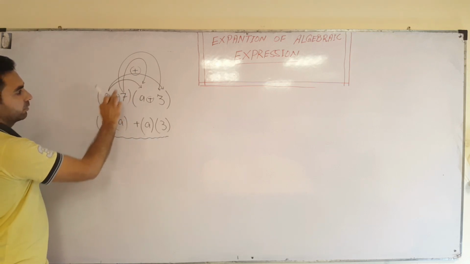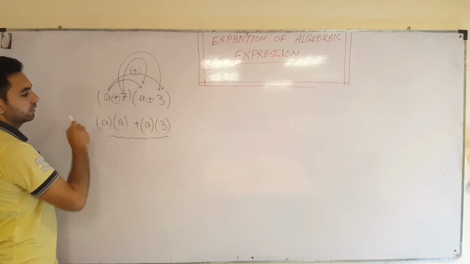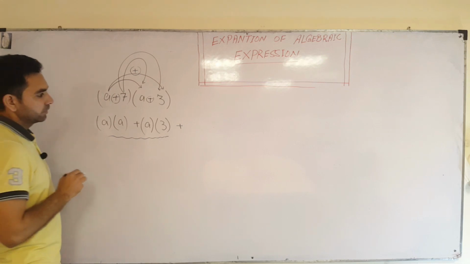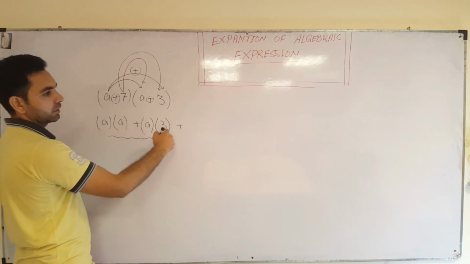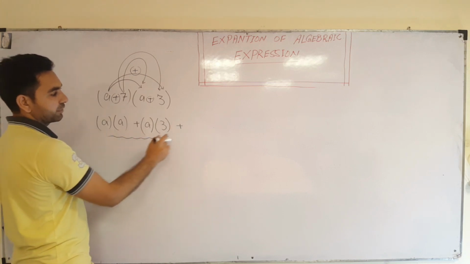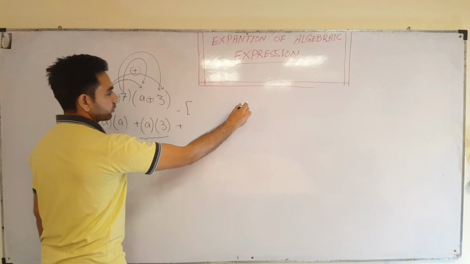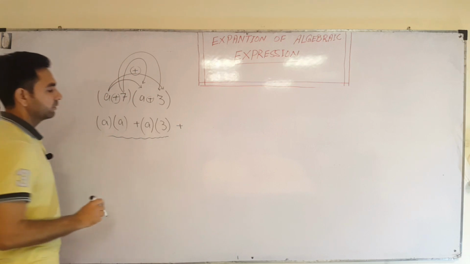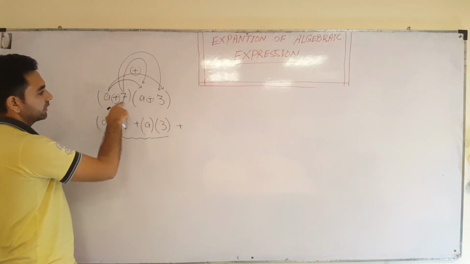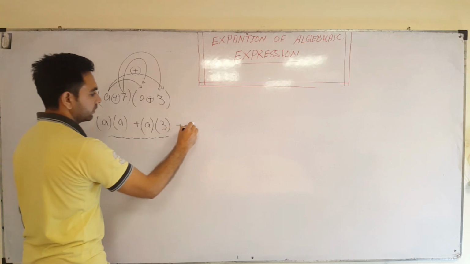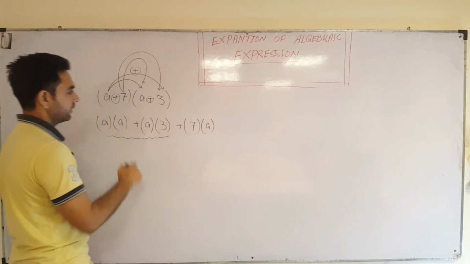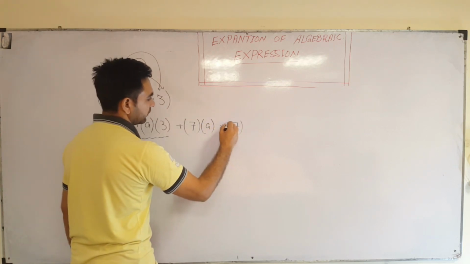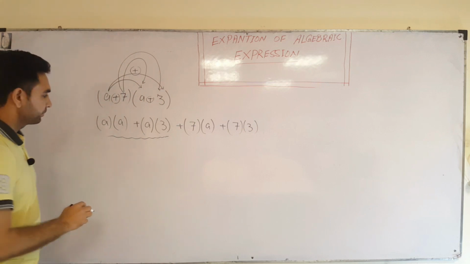The second part, you have to now look for the sign of this one. Here the sign is positive, so you write down the positive. And if it's positive, you can solve it straight away. But if it's negative, I would suggest that you use the square brackets and at the end apply the negative, right? So here it's a positive. Now 7 is multiplied again to the first term, so 7 into a, and 7 is multiplied to the second term, so 7 into 3, right?